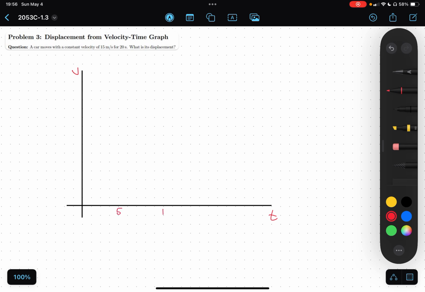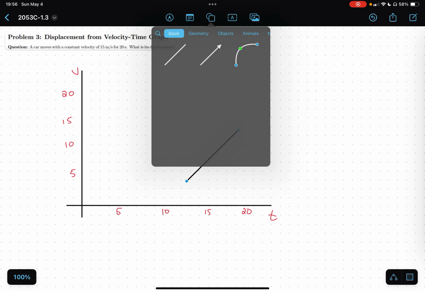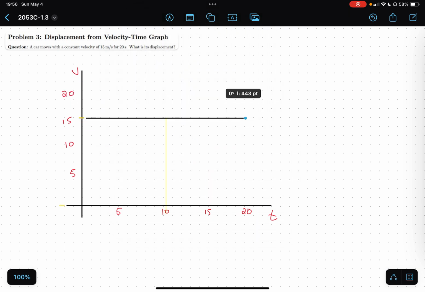So we have 5, 10, 15, 20 along the x-axis, and 5, 10, 15, 20 along the y-axis. Our graph is going to look something like that.